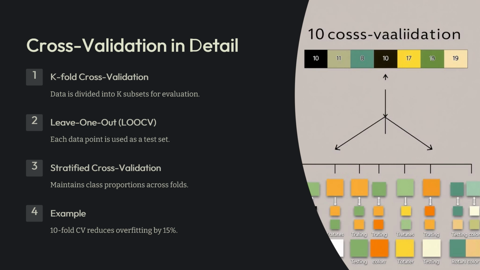This is thorough but computationally expensive. Stratified cross-validation: especially for classification tasks, this maintains the proportion of classes in each fold. For example, using 10-fold cross-validation can reduce overfitting by 15%, a significant performance boost in practice.